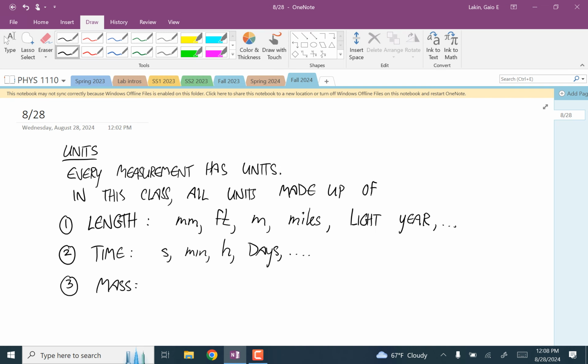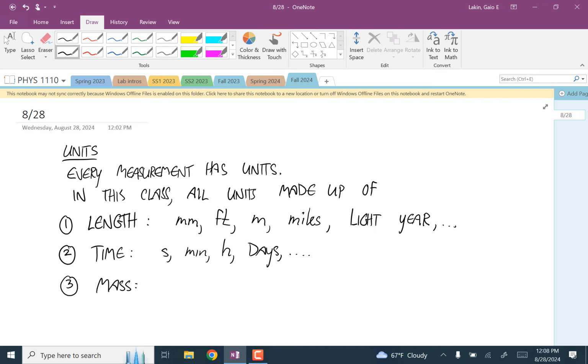And in everyday speech, I think it's common to blur the line between units of mass and units of force. For example, pounds is actually a unit of force. Your weight in pounds is how big a force gravity is applying to you, whereas your mass in kilograms is not how much force gravity is applying to you.